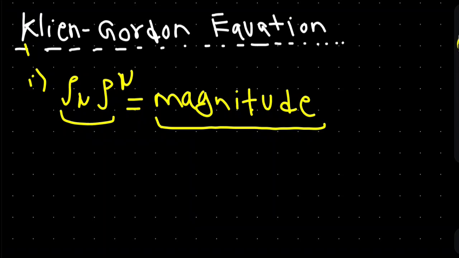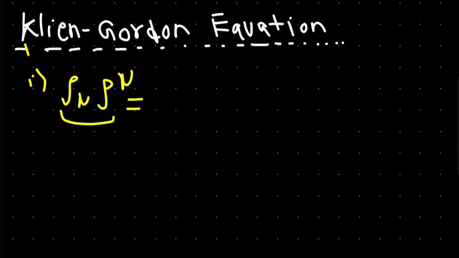It means it doesn't change from one frame of reference to another. And what's its value? So this value is mc whole squared, the magnitude of the momentum 4 vector. You have to know this, and after knowing this you can start the derivation.